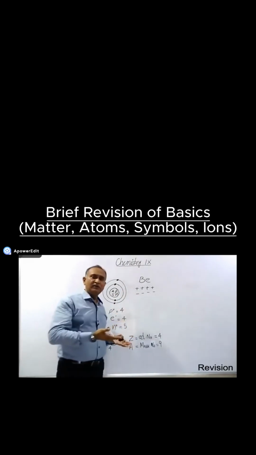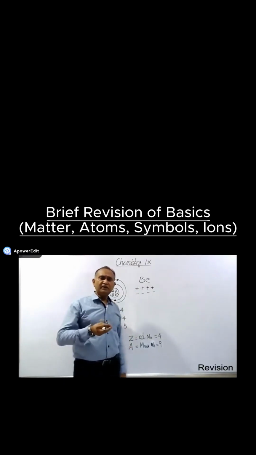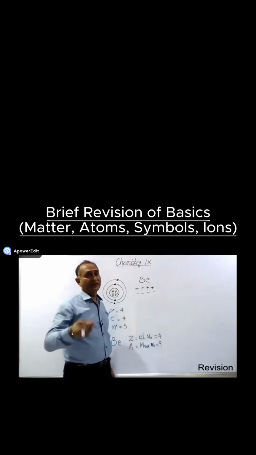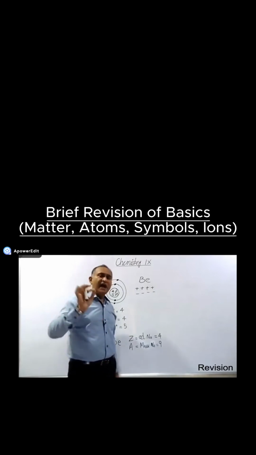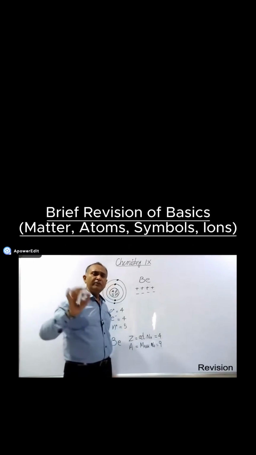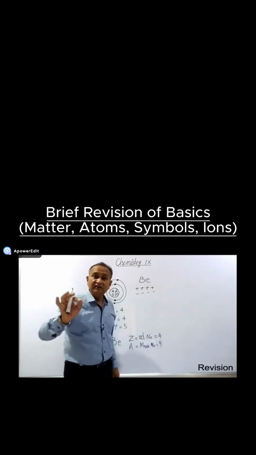All the normal atoms are electrically neutral, having the same number of protons and electrons. If an atom of carbon has 6 protons, then it is understood it has 6 electrons. One thing is clear, that in an atom, electrons and protons are equal. That is why it is neutral.